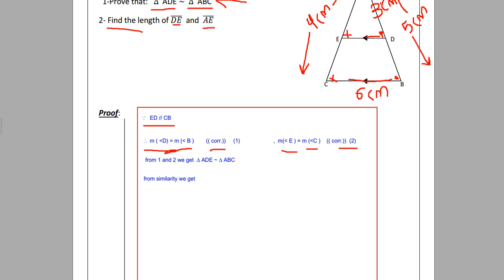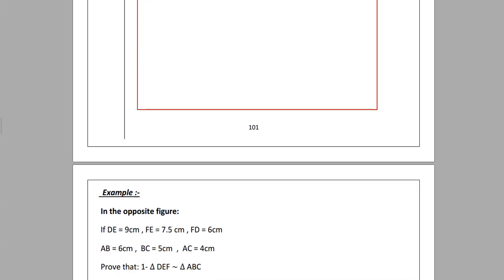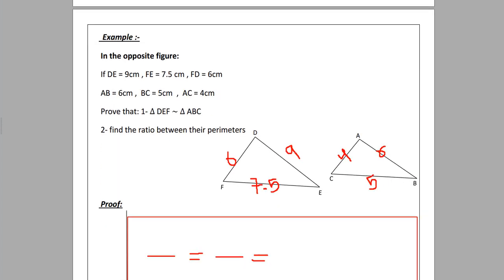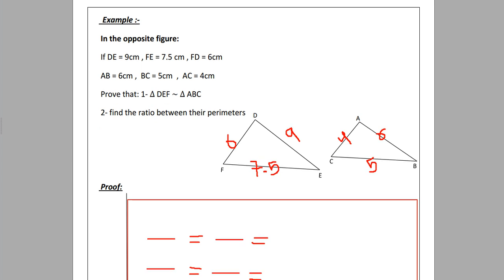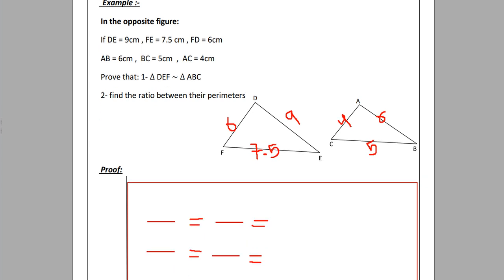The second example here is in the opposite figure. AD equals 9, as you see here, 9, and this one is 6, and this one is 7.5, 5, 6, 4. What is required is to prove that these two triangles are similar, triangle DEF and triangle ABC.